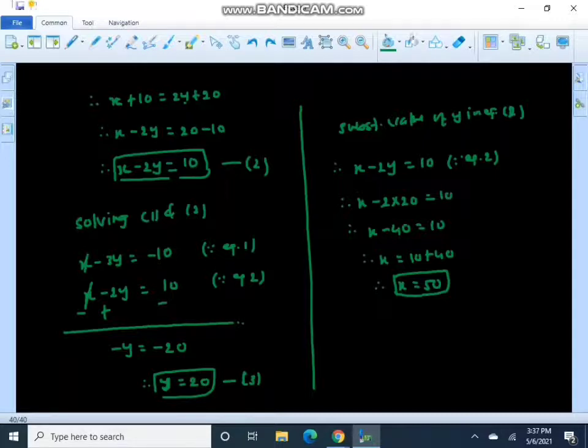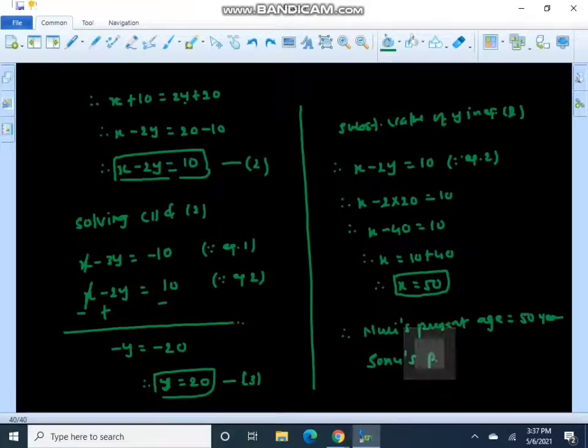Okay, and therefore Nuri's present age is 50 years and Sonu's present age is 20 years. Okay.